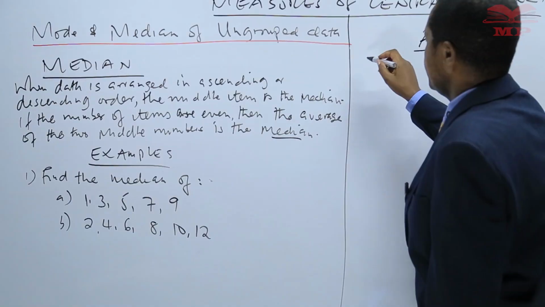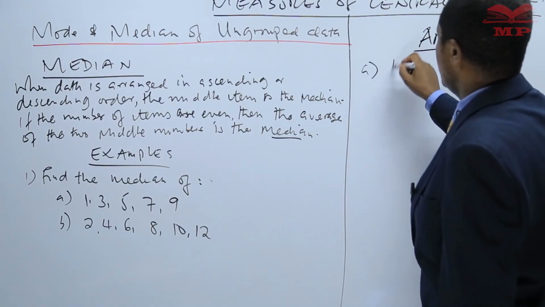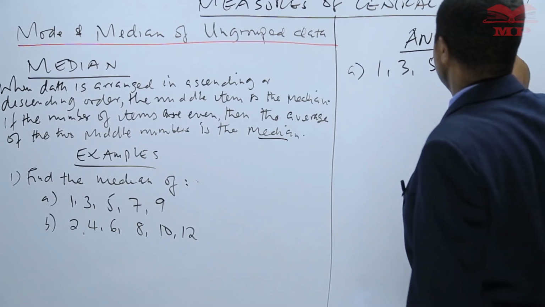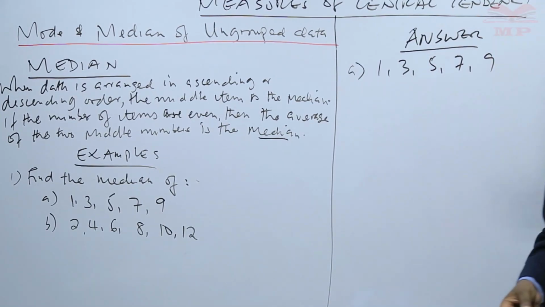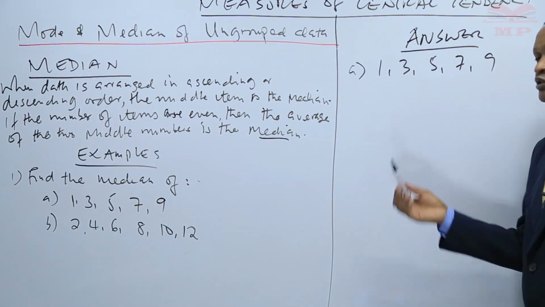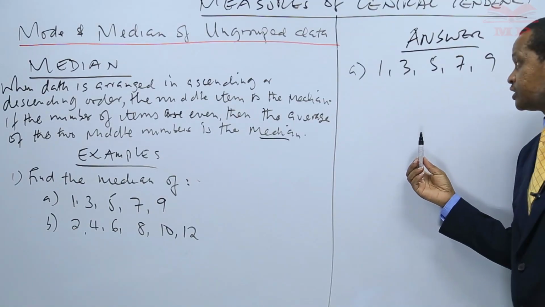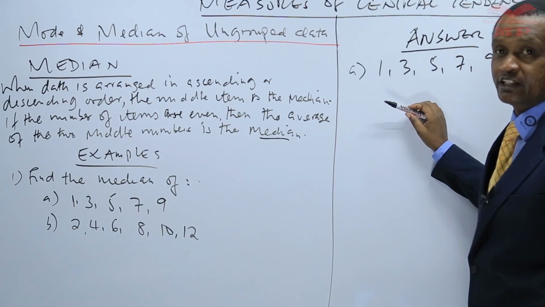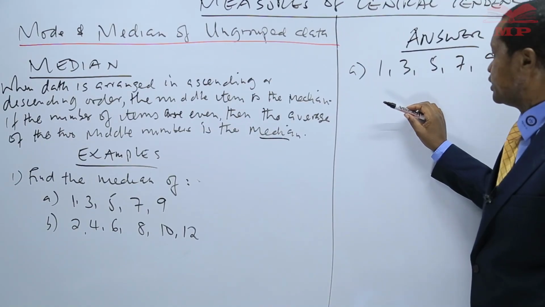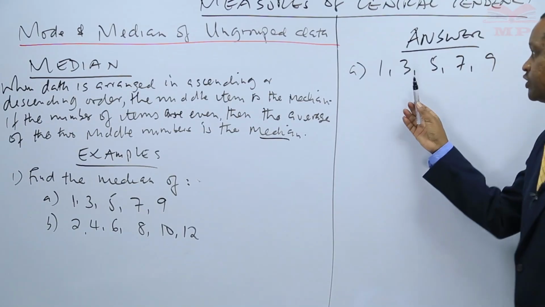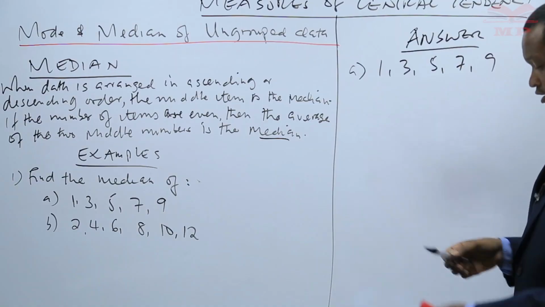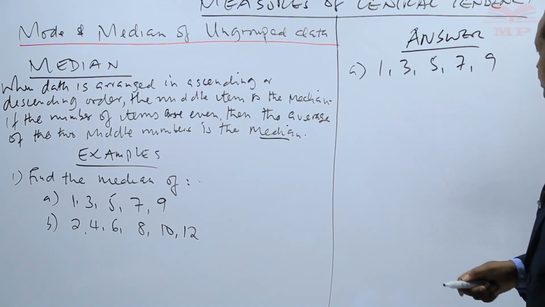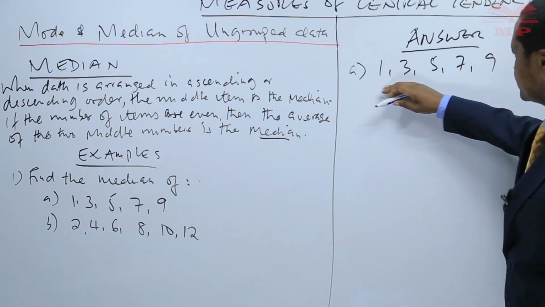Find the median of 1, 3, 5, 7, and 9. Now we say that if you want to get the median of any set of data, first you arrange the data values in either ascending or descending order. By observation, you can see these numbers are already arranged in ascending order.